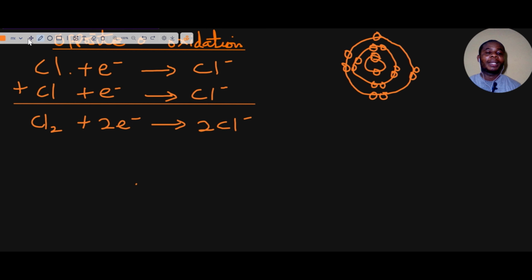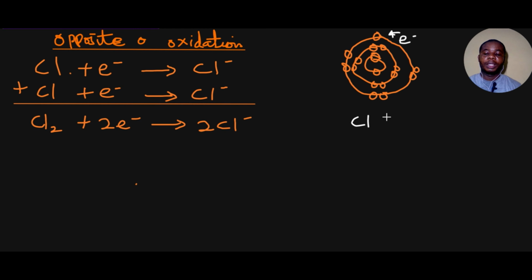For it to attain octet configuration, it will have to accept 1 electron, for the outermost electrons to be 8. So 1 electron will be added to this chlorine atom to give chloride ion.